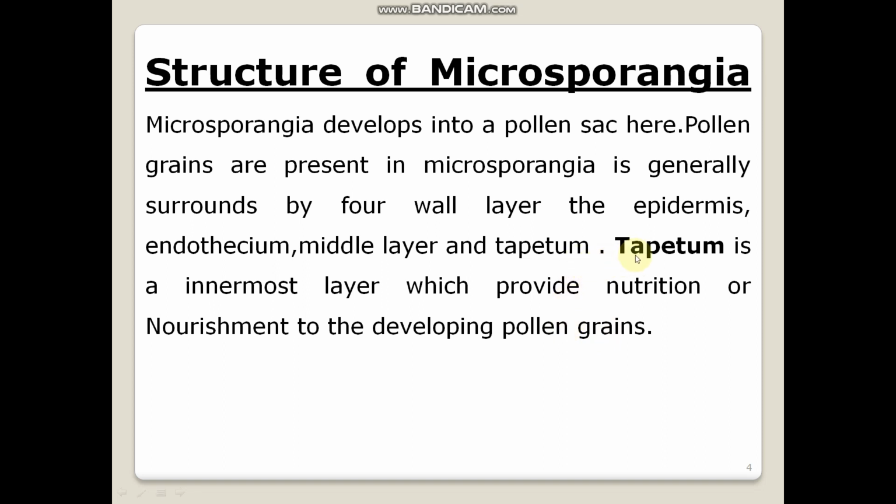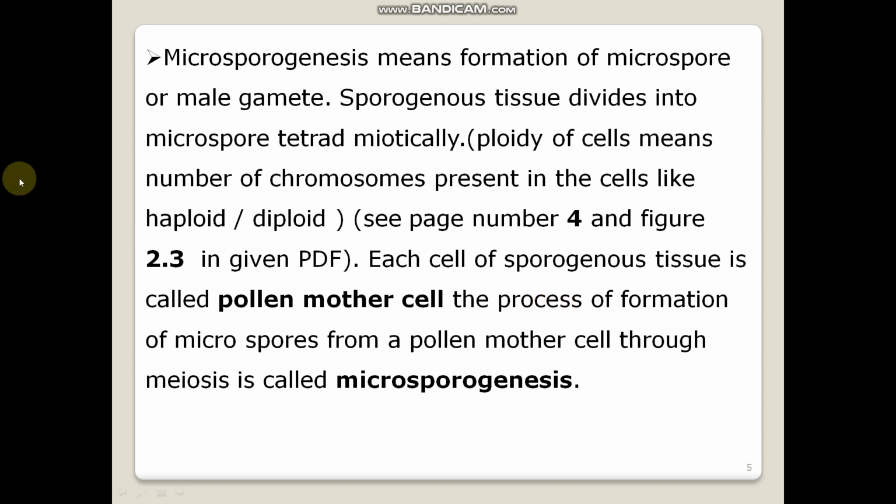This is a very favorite question of the board also, so please remember it. Tapetum. Microsporogenesis is clear by name: microspore plus genesis, like the formation of microspores, or male gametes.